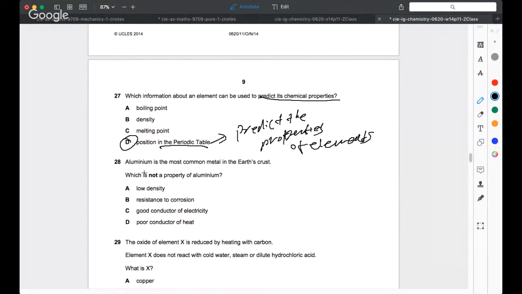Number 28. So which is not a property of aluminium. So that would be D as well, because aluminium is a very good heat conductor.